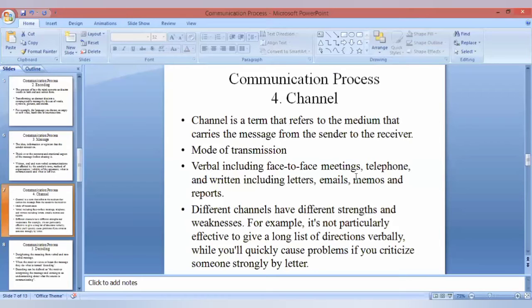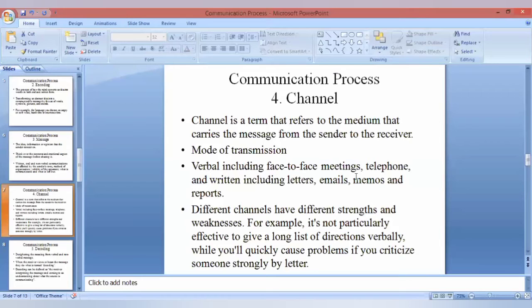And sometimes it also happens that if you send an explanation to someone in written form, that can quickly cause problems, because you directly criticize someone through a letter.